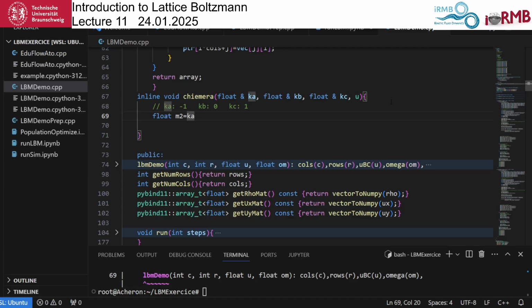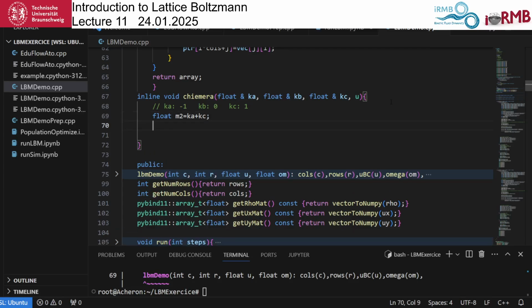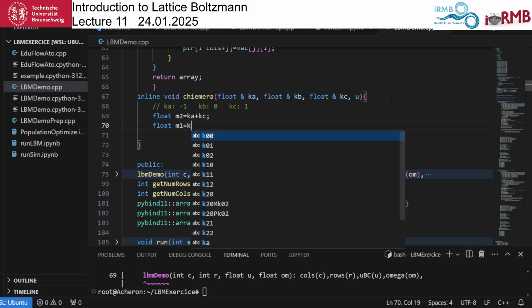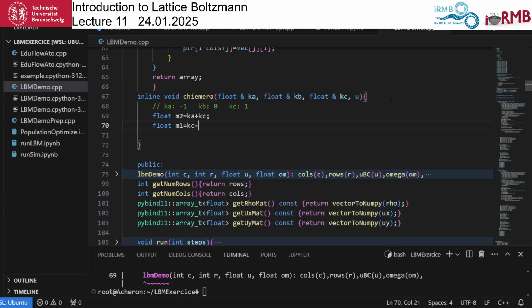So, Ka plus Kc, this is the second moment, M2. And then we also have the first moment, M1, which is Kc minus Ka.